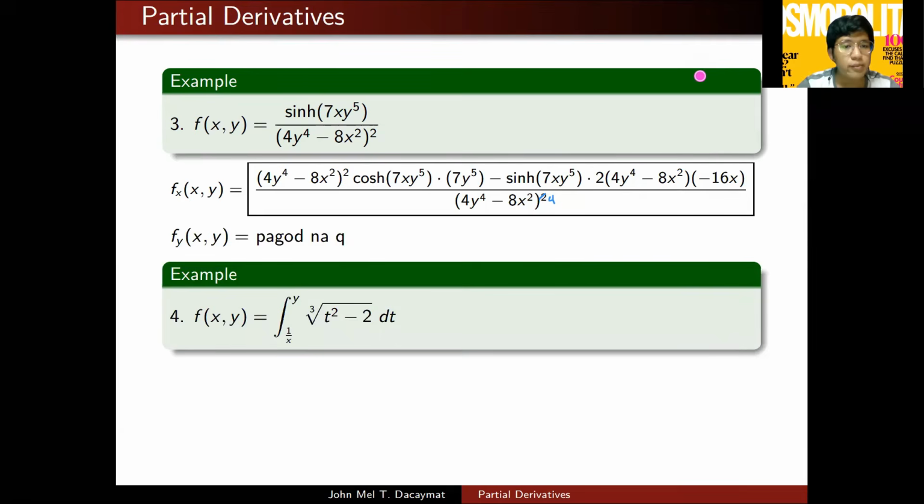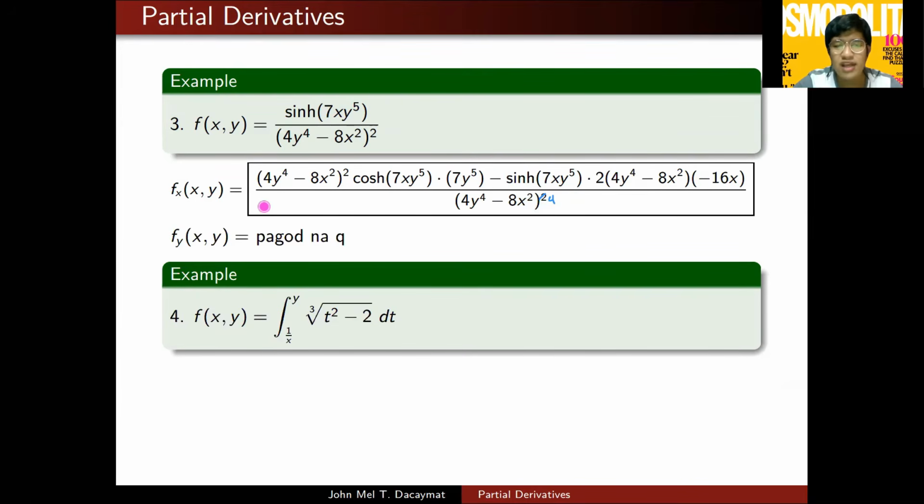Okay? Number 4. So, number 4, we have a function na kung saan yung variable mo ay nasa bounds ng inyong definite integral. So, you've already dealt with something like this also in your previous calculus courses. Yung meron kayong function na ang variable mo, yung input mo nandoon sa bounds ng integral.